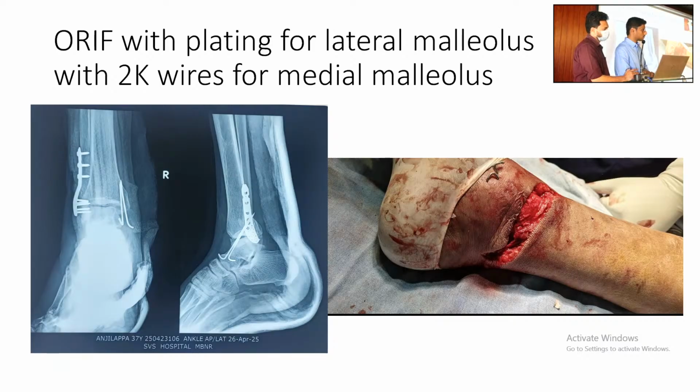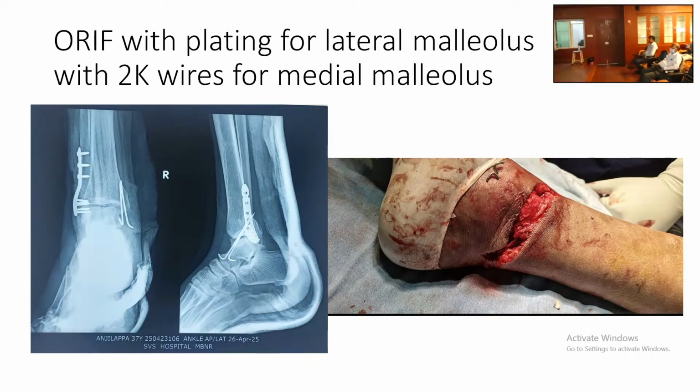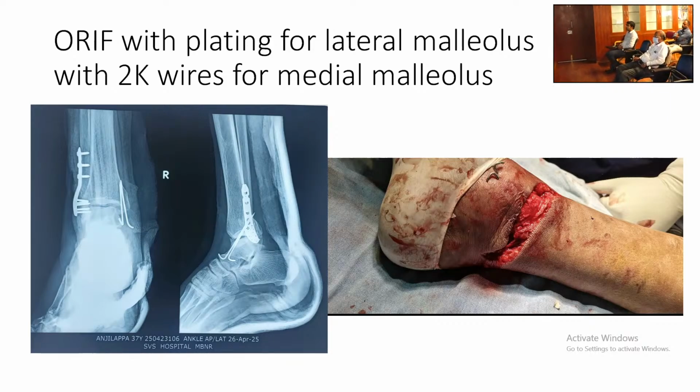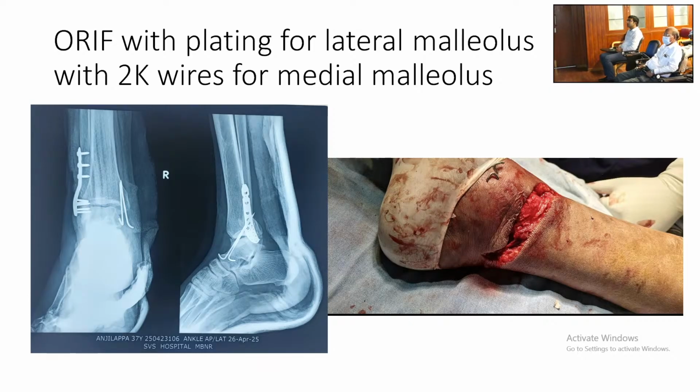So you have to give a flap cover, put an X-fix, and give a good flap cover so that the vascular flap will revascularize the exposed bone. Then after 3 weeks or so, the time taken for maturation of the flap, you can wait for another 3 weeks and then address the fracture.